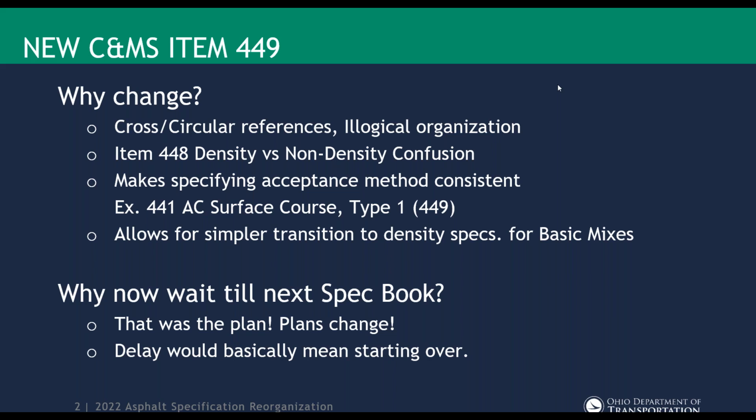But just like with everything else in life the last couple of years, our plans changed, and we had to adapt. When the spec book rollout for the new printed book was delayed, that meant we would have to maintain these changes for another, who knows how long, maybe a year, until the next spec book was ready to be printed.